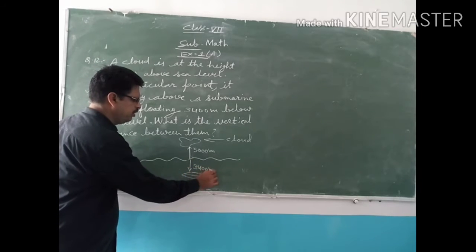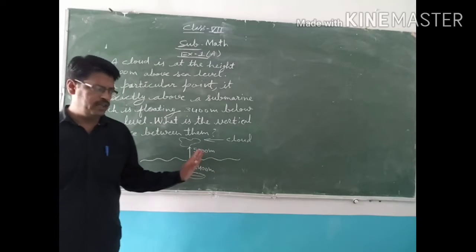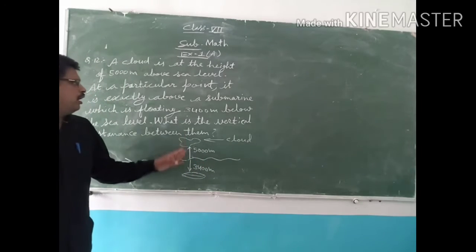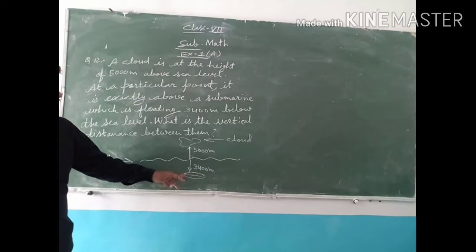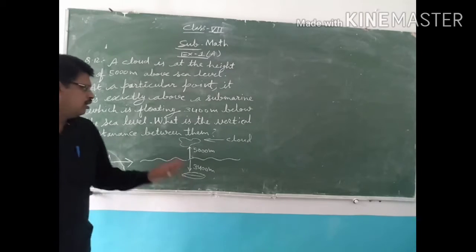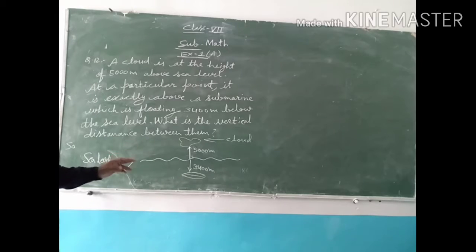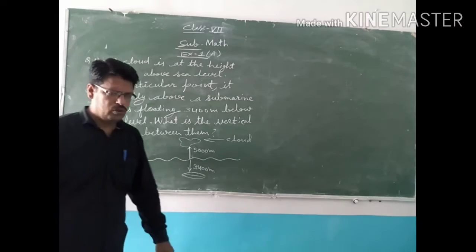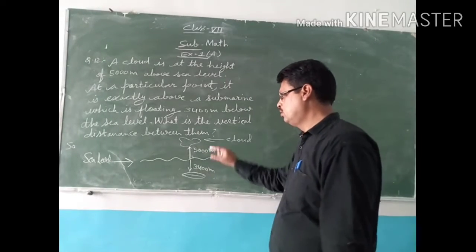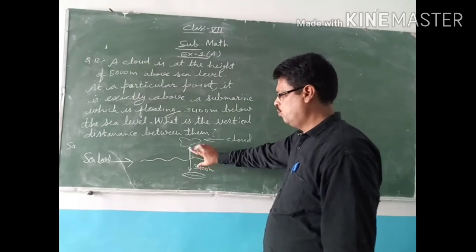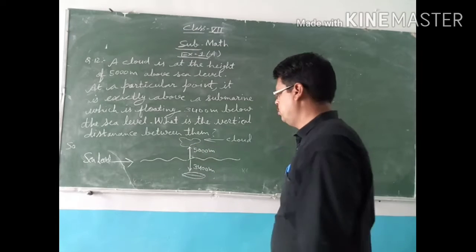It is exactly above this submarine. Understand? So, what is the vertical distance between them? Means the total distance from here to here.